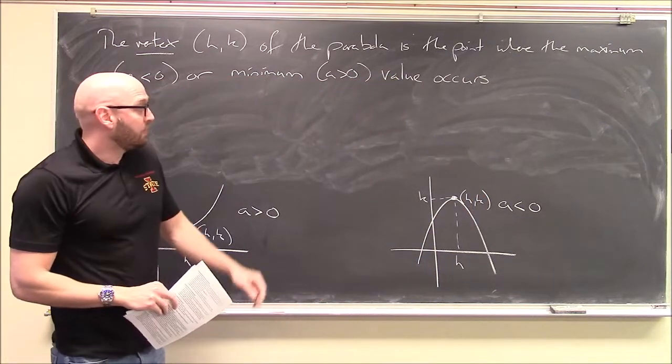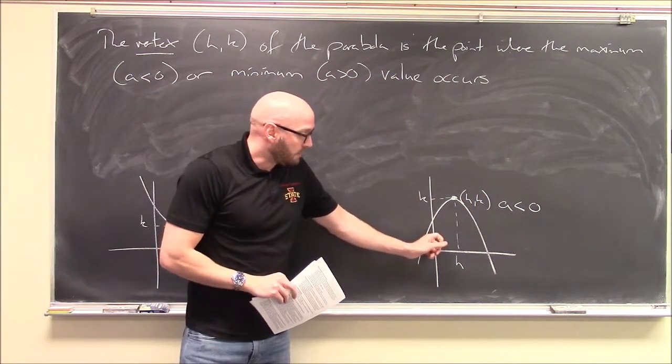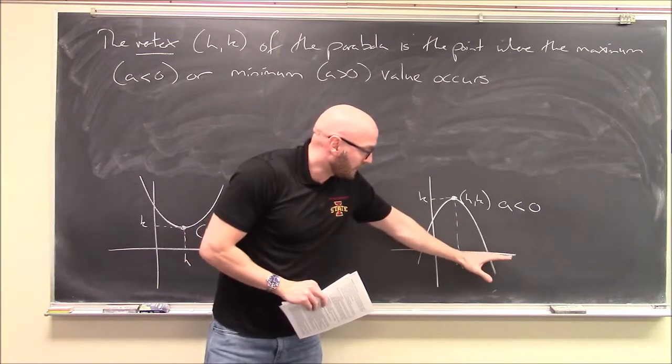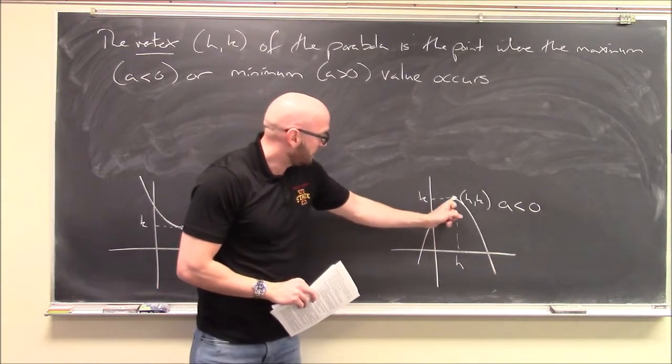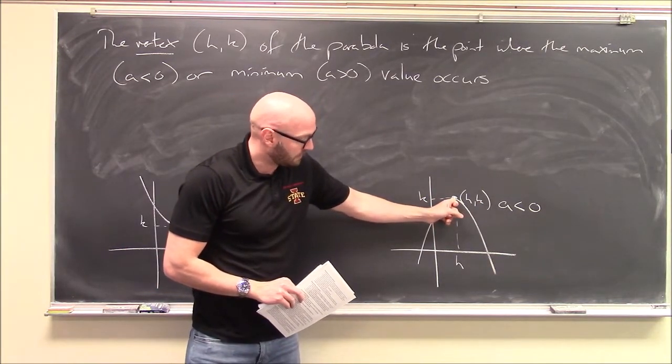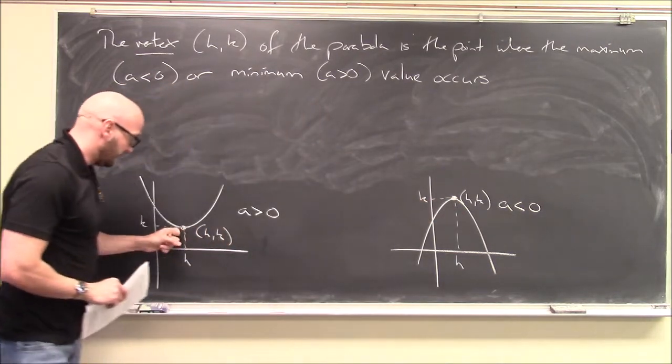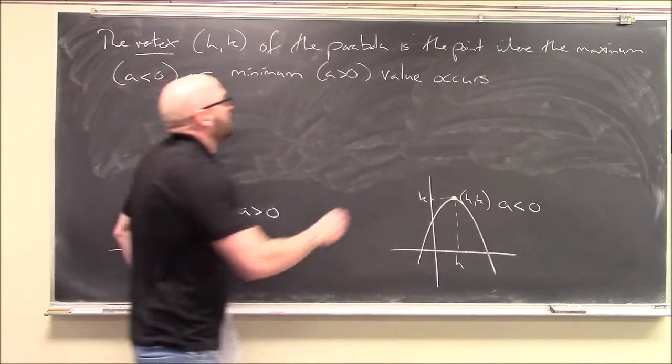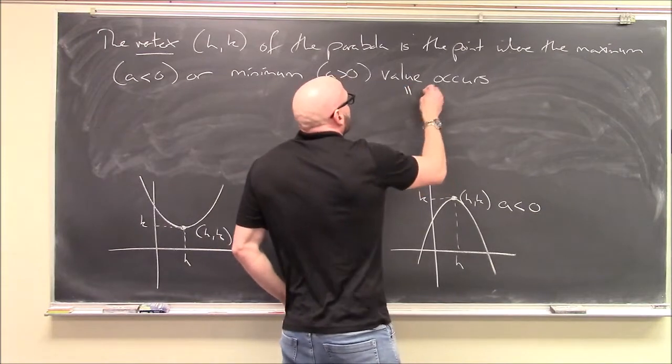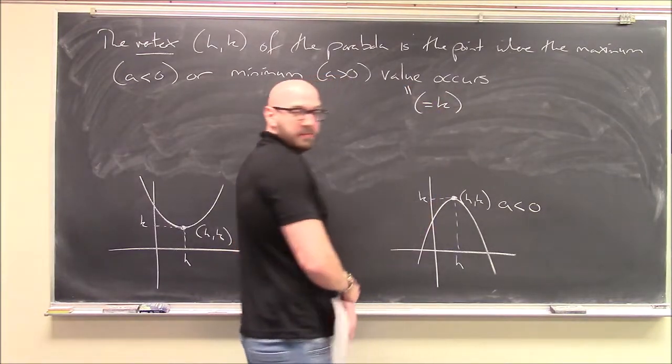And what is that maximum or minimum value? Well, it's the y value. The y values are the outputs of the function. You plug in x, you get out y. So in this case, the maximum value is k, or in this case, the minimum value is k. So either way, the value is equal to k.